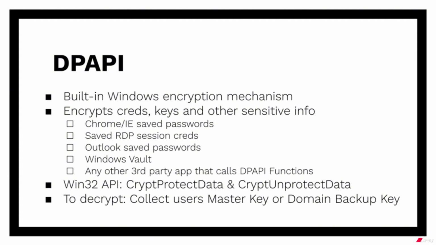Otherwise, if you're local admin, you can collect other users' master keys on that specific target. As for the domain backup key, you'll need to request this directly from the DC. Mimikatz or SharpDPAPI has this function built in.